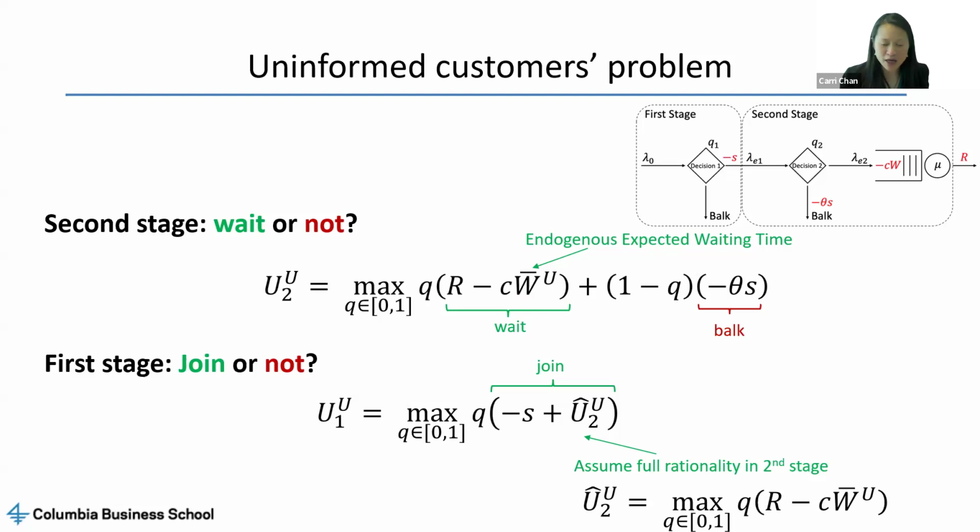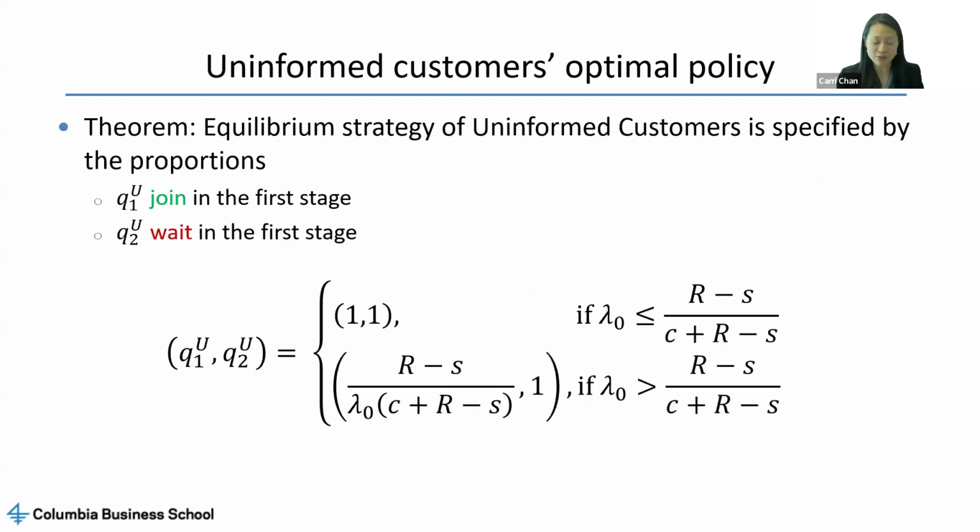All right, so this is what's happening for the uninformed customers. And it turns out that we are able to characterize the equilibrium proportion of customers who join and wait in the first, oops, that should say second stage there. So these are the proportions, and there's two different cases, but you can see in the second stage, everybody always waits.